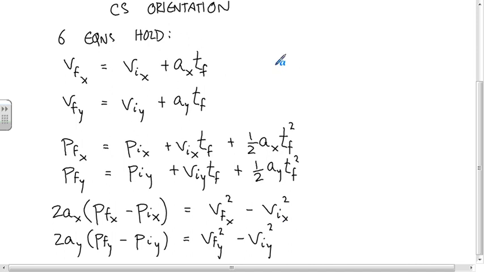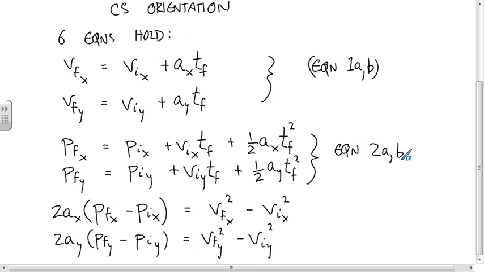So I'll think of these 2 as equation 1, A and B. These are equation 2, A and B. And equation 3, A and B.